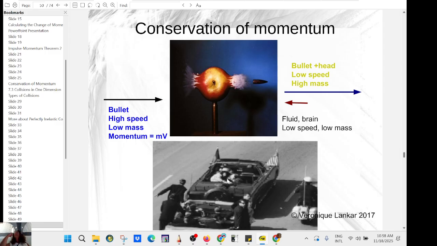JFK. We will never know. And the assassination. There is a big controversy because when you look at his skull, there was stuff coming from the front and stuff coming from the back. So at the time they said, oh, this is the proof that you had two shooters, one from the back and one from the front.